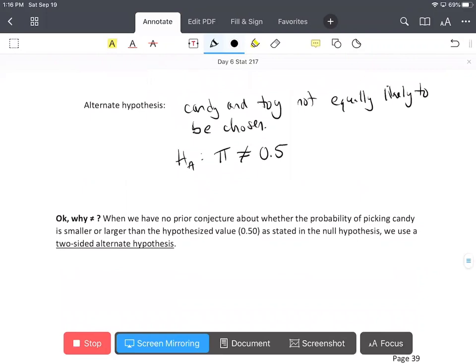So, why not equal to? Well, we have no prior conjecture about whether the probability of picking candy is smaller or larger than the hypothesized value, in other words, 50-50 here, as stated in the null hypothesis. We're going to use a two-sided alternate hypothesis.